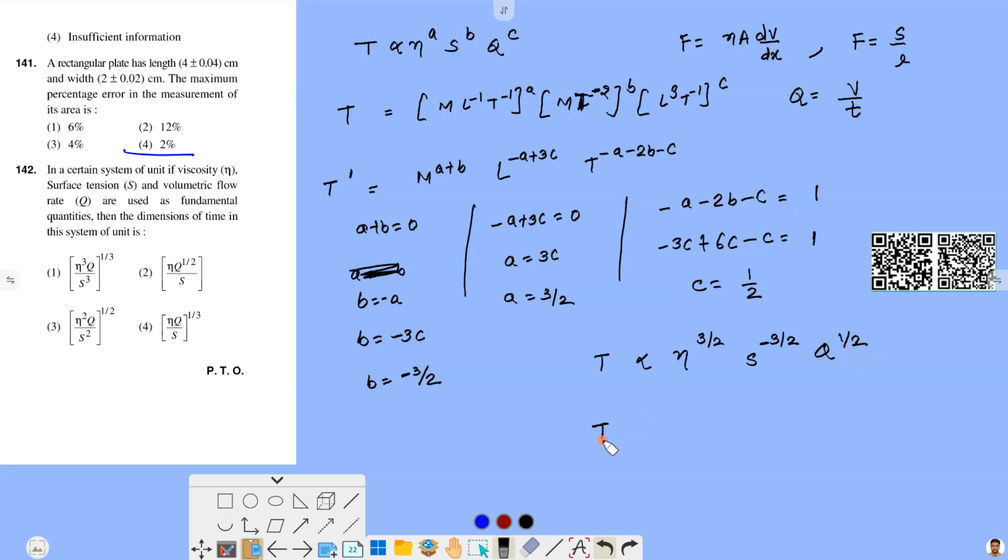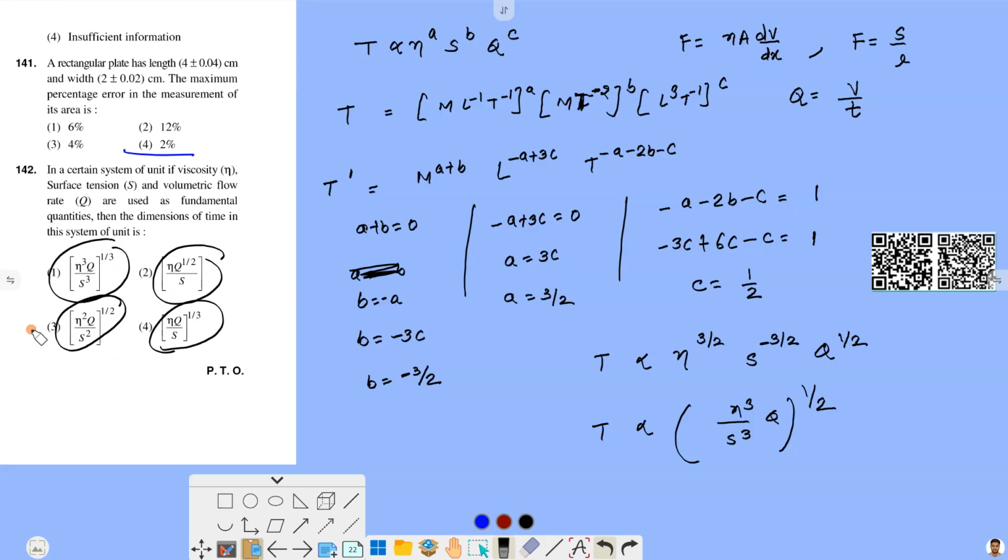So that will be that P is proportional to eta cube divided by S cube into Q raised to power half. And that is none of these. Because here we have power 1 by 3. So none of the given answers is right here.